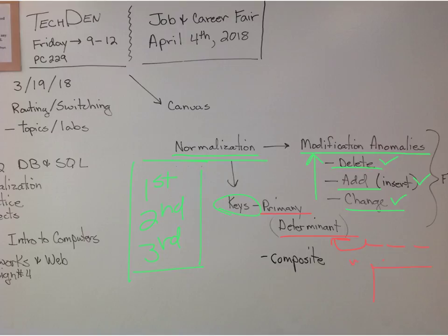When we have a table or an entity, the attributes should define that entity, which then would be related back to the primary key. You can have a composite key where you would have multiple things make up the primary key. We don't typically do that, but you can in databases.